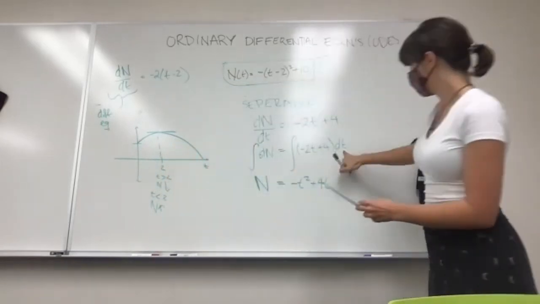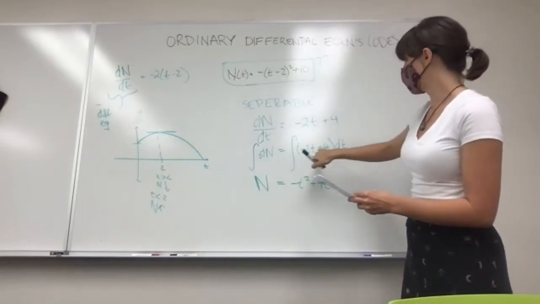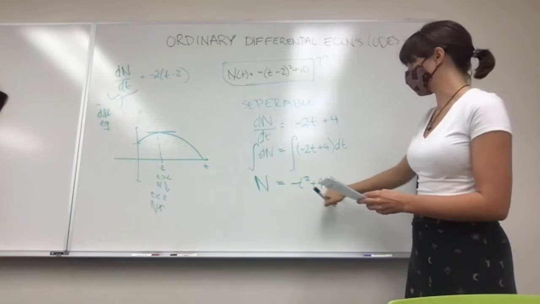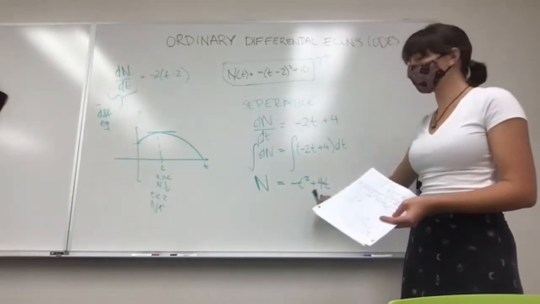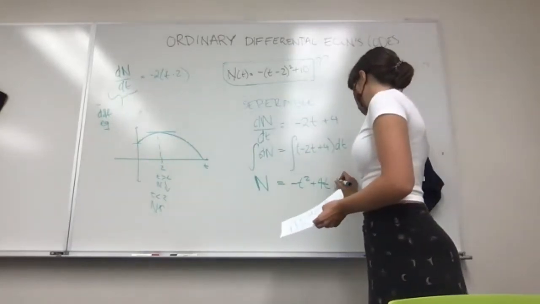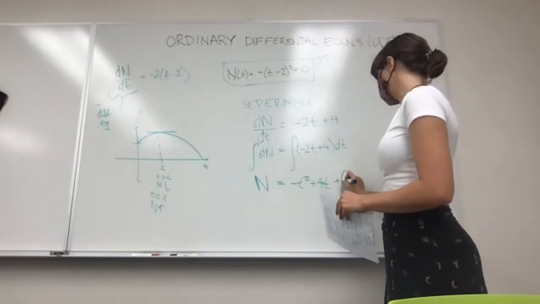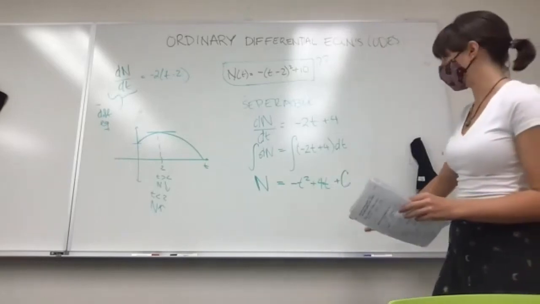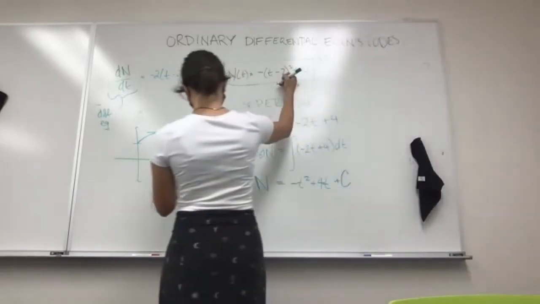so we scratched our t's, our dt, and we integrate this, it returns this. So now we have n equals this function. But the catch with integrals is because we don't know where we started, there's this arbitrary constant that's added to it. So you can imagine that, sorry, I should have written this in extended form as well.